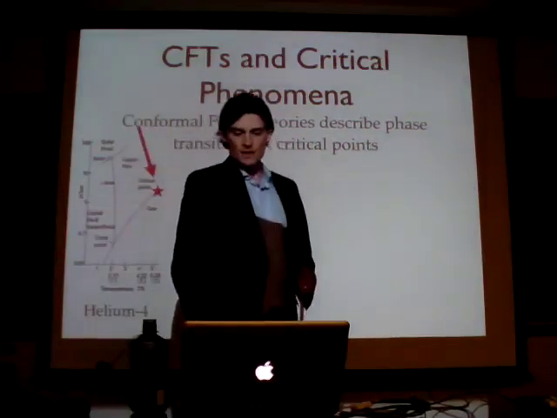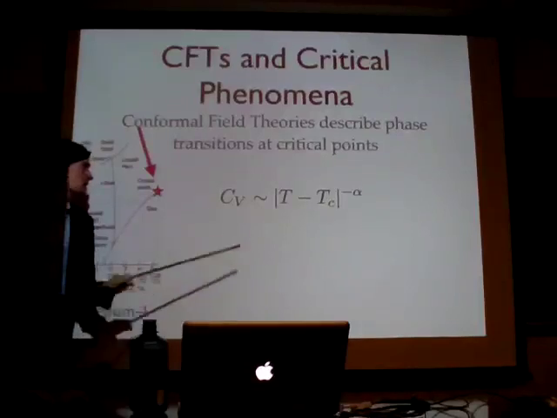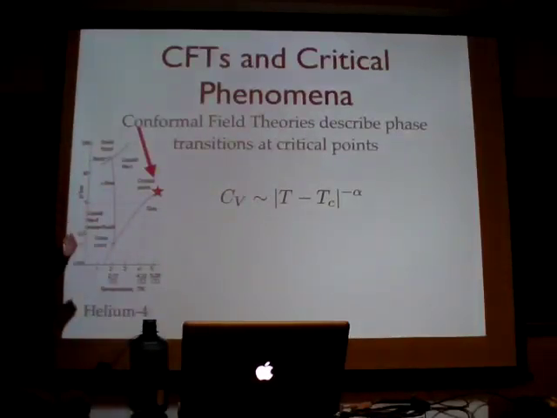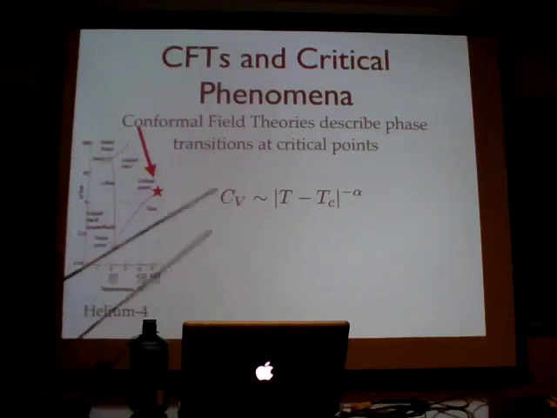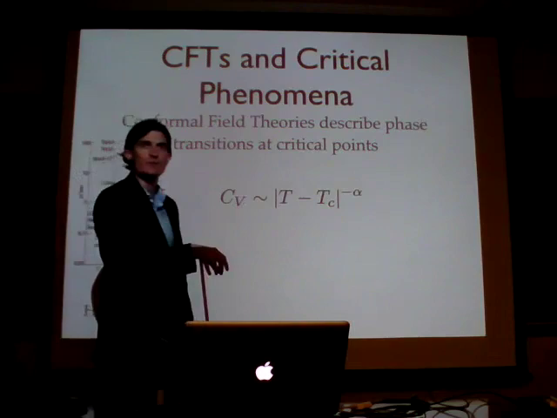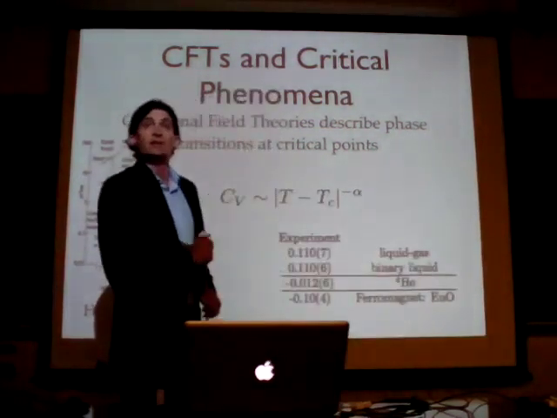So what are the kinds of things we're interested in? One of the main things are critical exponents, or scaling dimensions. These control things like how the specific heat scales as a function of temperature. And these are things we can concretely measure.